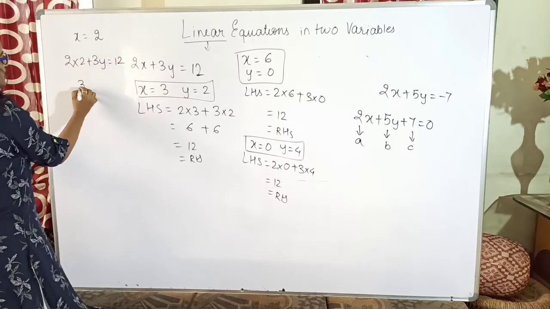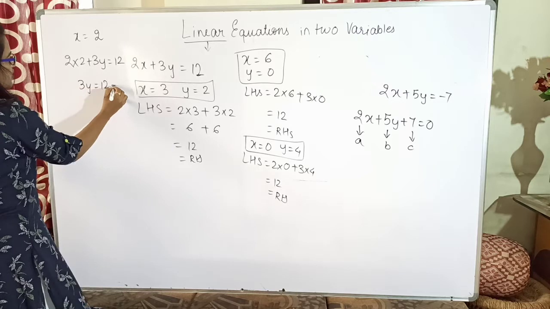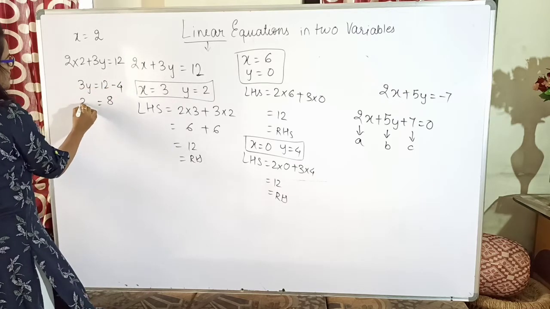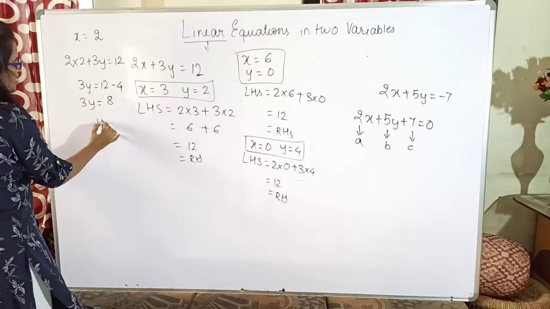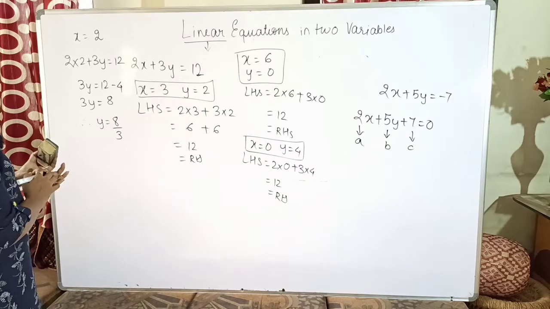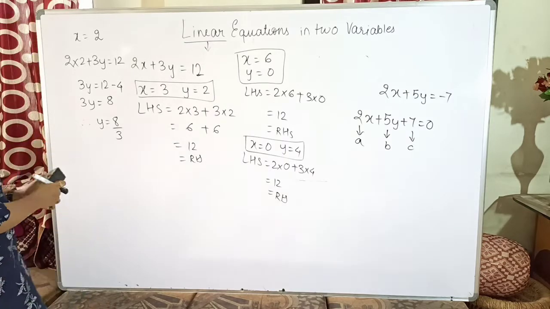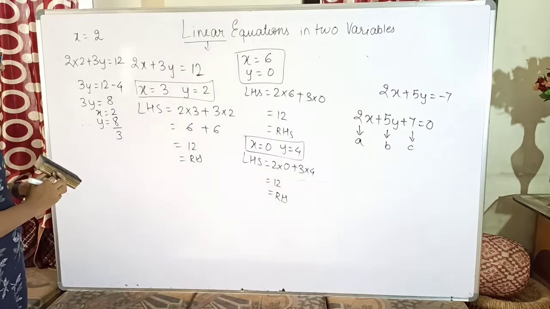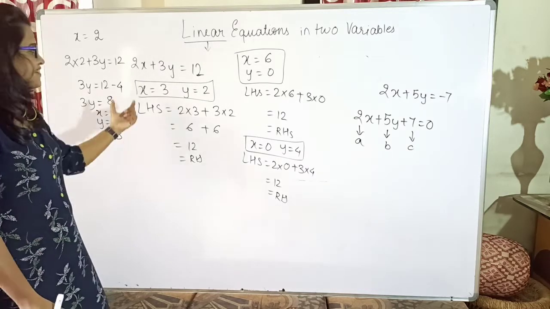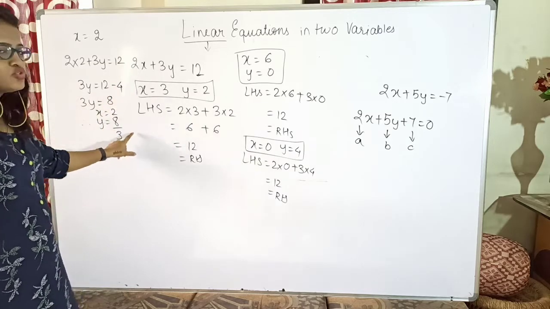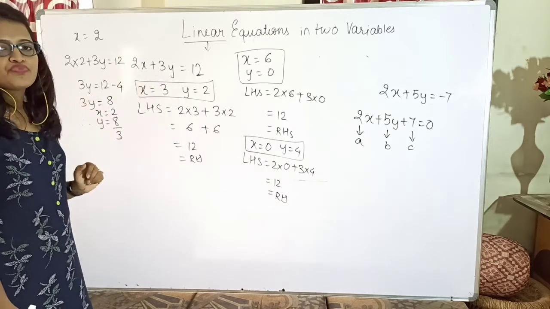After going on other side, it will be 12 minus 4, which gives me 8, and therefore y is equal to 8 by 3. Okay, so for value x is equal to 2 and y is equal to 8 by 3, still I get the LHS is equal to RHS, and hence this is also one solution for the given equation.